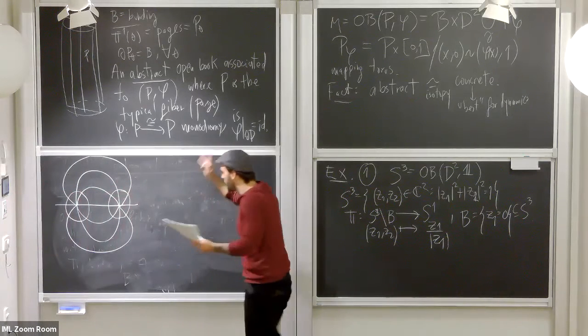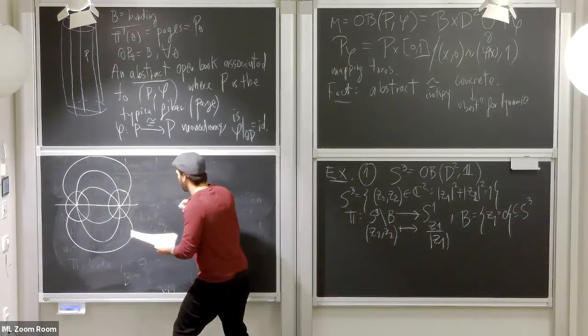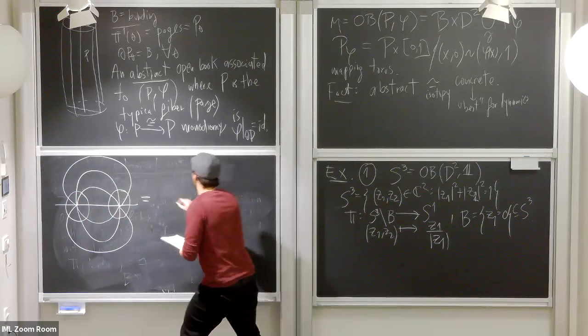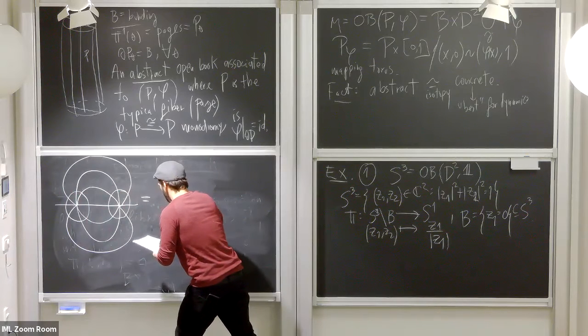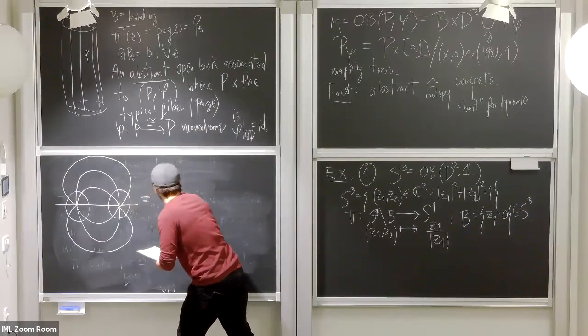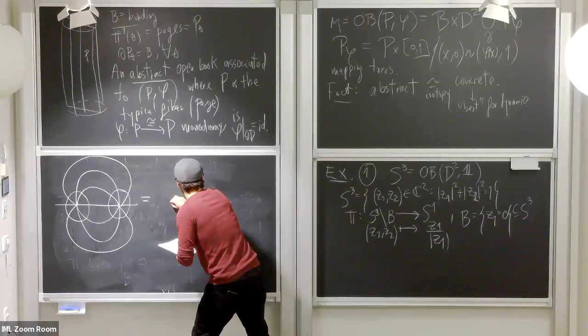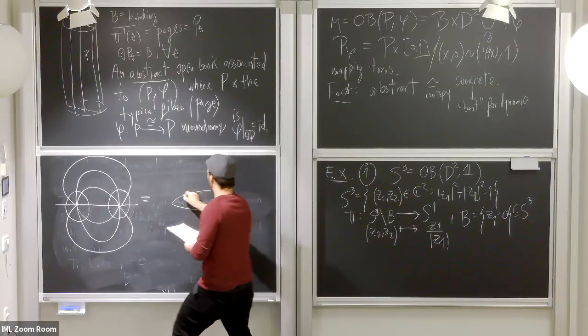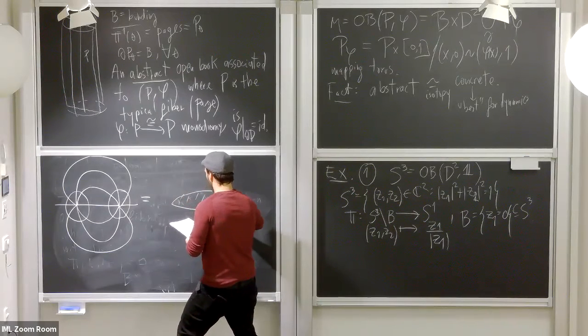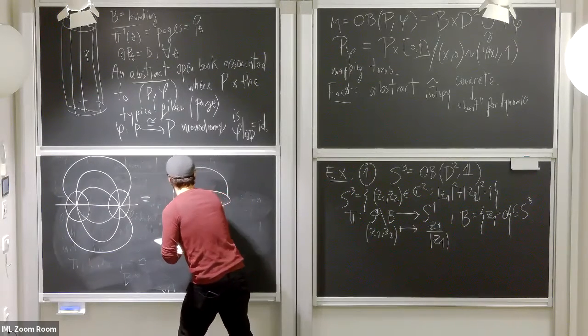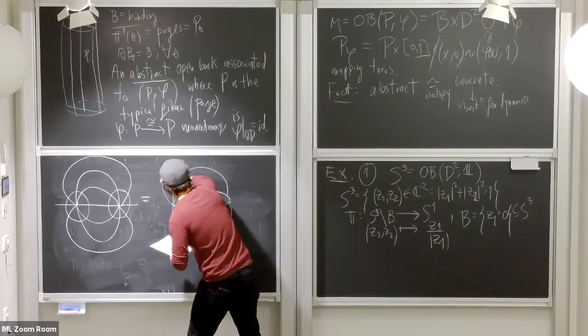So this is a projected version. If you want a more true picture, this circle is the unknot in S3, so it bounds a disk. And the pages of the open book look something like this.